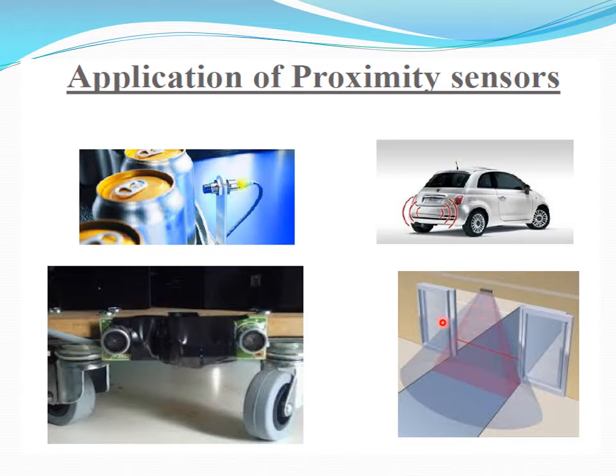Here, we can see in a shopping mall or in a house, a door opening and closing. A person is coming, it will be sensed using the sensor, then the door will open. A moving object, it is detecting the front using some image sensing equipment.